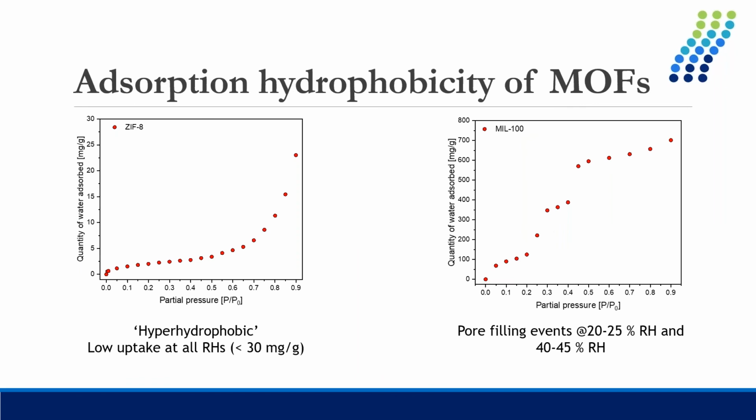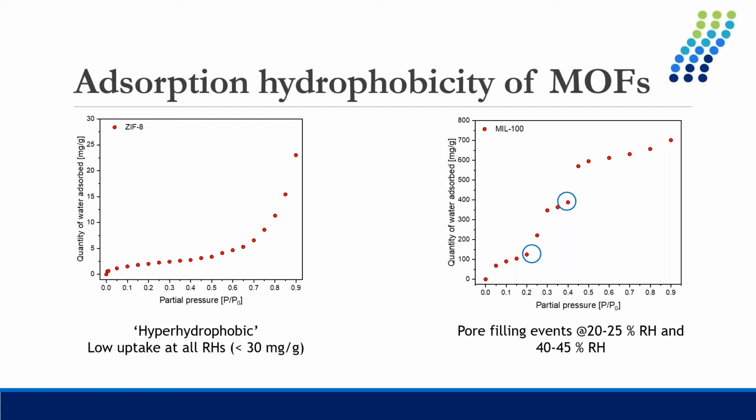So these are the water isotherms for the 2 MOFs. On the left, we see ZIF-8, which is described as being hyperhydrophobic. So this has a, quite frankly, ridiculously low capacity for water vapor, below 30 milligrams per gram in all cases. And then in the case of MIL-100, we see a very interesting water isotherm. So these inflection points here represent essentially pore filling events. So initially, water adsorbs purely by surface adsorption.